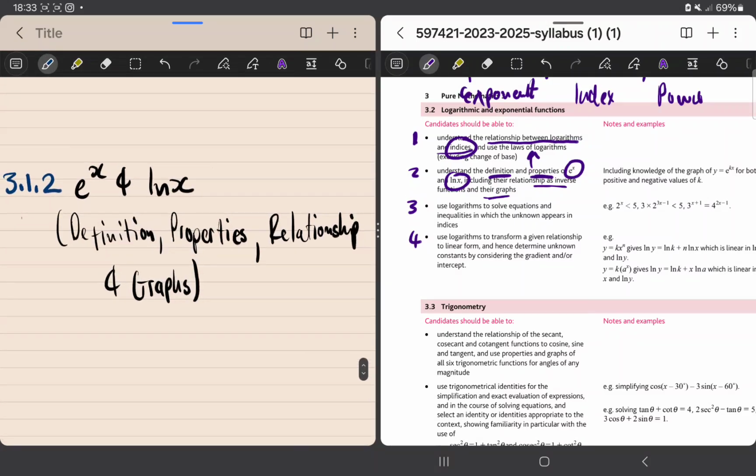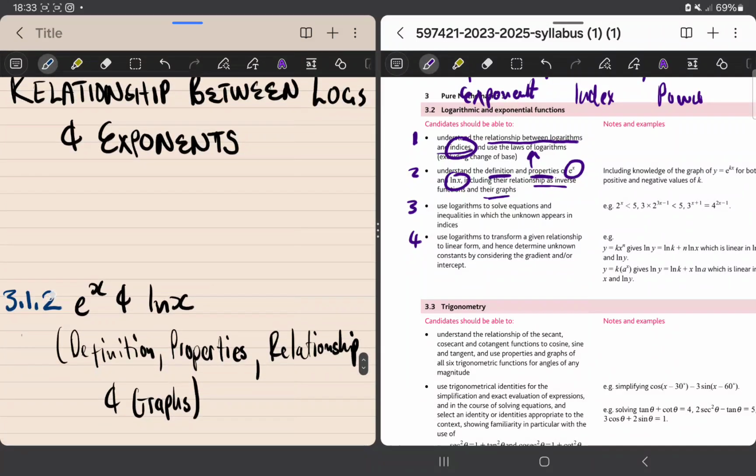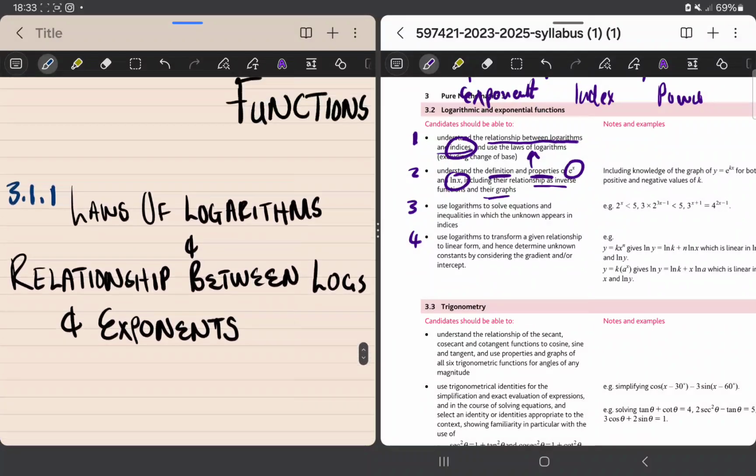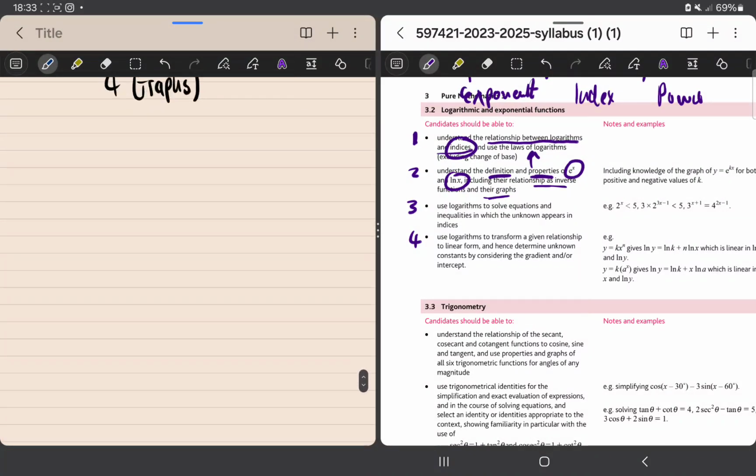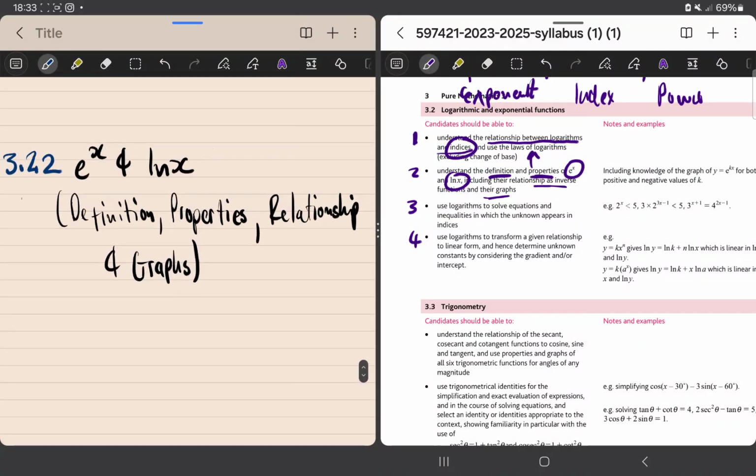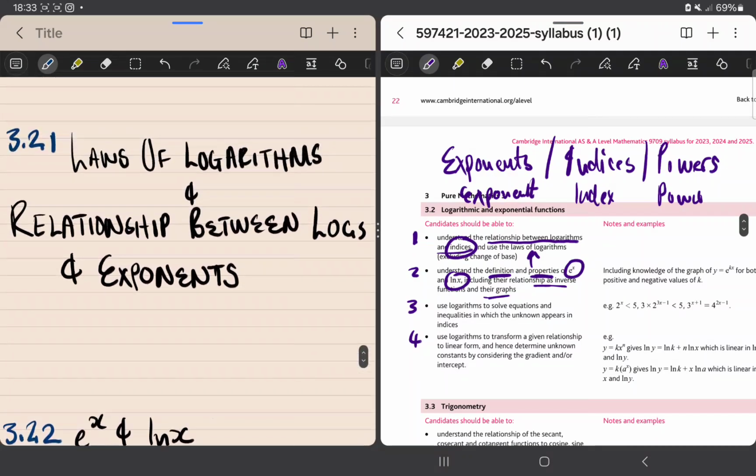So this is actually 3.2.1. I'm sorry. This is 3.2.1. Then this now becomes 3.2.2, because we are looking at 3.2, which is logarithmic and exponential functions. So the heading is just 3.2.